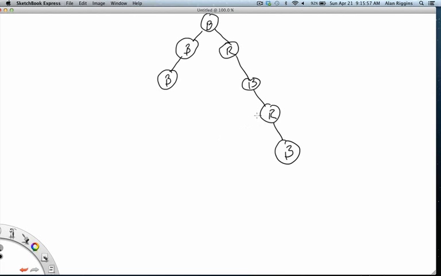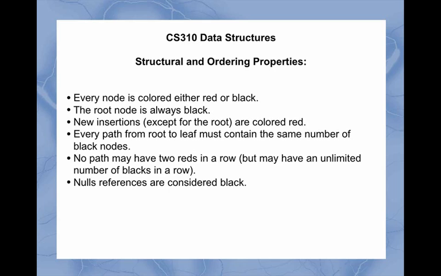But part of this, the requirements are that you cannot have two reds in a row. And so this means you can have red, black, red, black, red, black, or black, black, black. So one side can be twice as long as the other, but it's still going to be in big O of log n. So let's take a look at these structural and ordering properties.